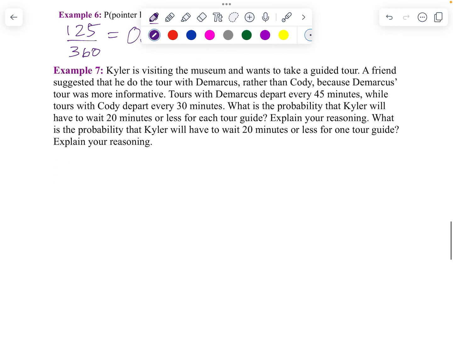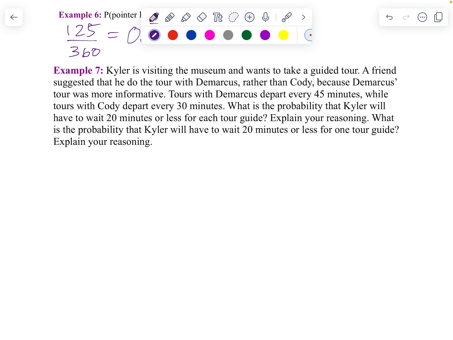Now if we look at example 7, here's an application that doesn't seem like we can figure it out. But if we represent it as area, I think we can. It says Kyler is visiting the museum and wants to take a guided tour. A friend suggests that he do the tour with DeMarcus rather than Cody because DeMarcus's tour was more informative.